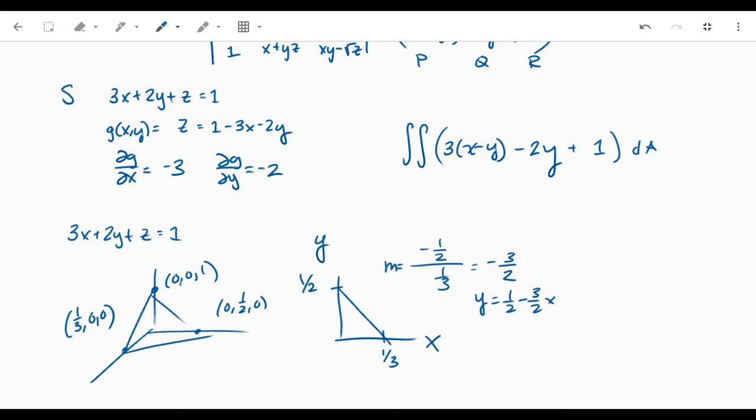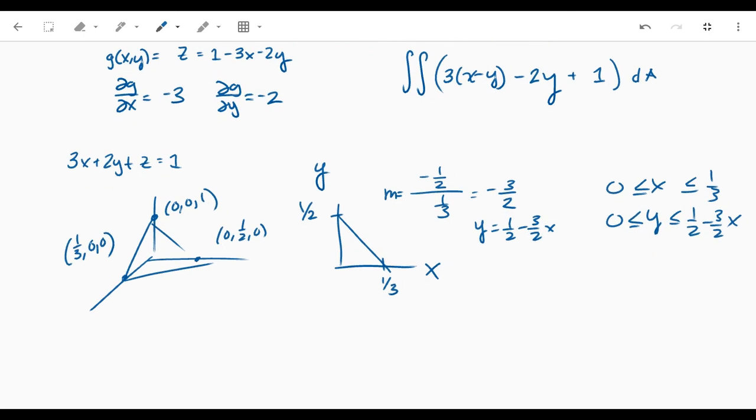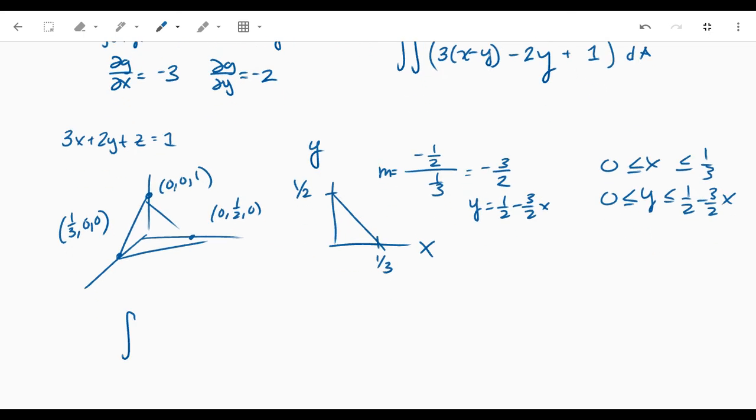So x is between 0 and 1/3, and y is between 0 and 1/2 minus 3/2 x. Okay, so there's our limits of integration: 0 to 1/3, 0 to 1/2 minus 3/2 x.